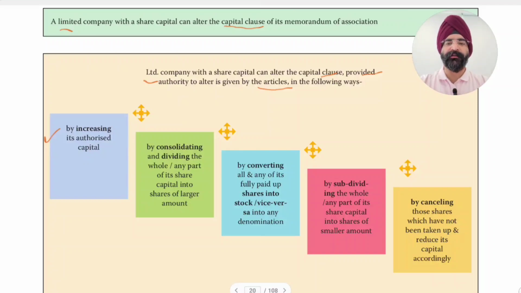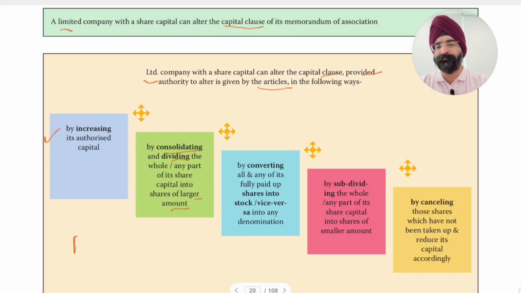Another way of altering share capital is by consolidating or dividing the whole or any part of its share capital into shares of larger amount. So there is a change in the number of shares and the face value of shares.